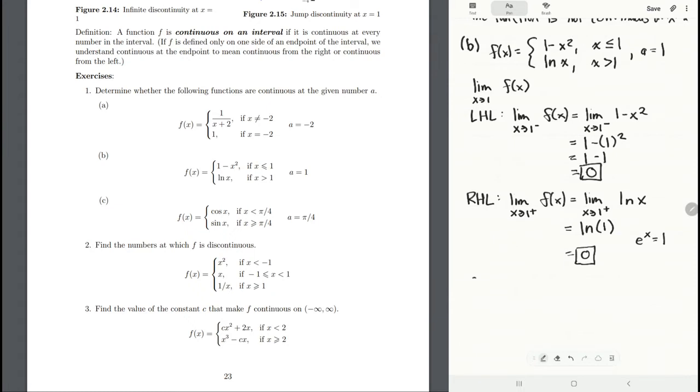So since the left-hand limit is equal to the right-hand limit, then we can conclude that the two-sided limit as x approaches 1 of f of x is equal to 0.